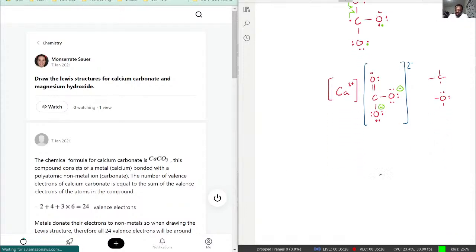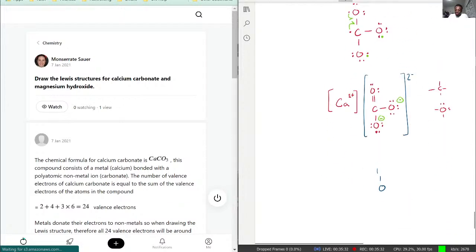So we have oxygen, hydrogen, and we fill in the rest of the lone pairs.